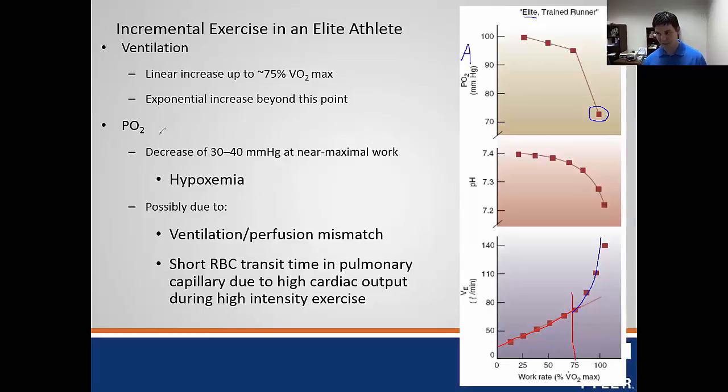So near maximal workloads, you can see that we are no longer getting large arterial PO2 values, which is telling us that if we think about the oxyhemoglobin curve, we aren't fully saturating oxyhemoglobin and have a lack of oxygen delivery to the tissue.